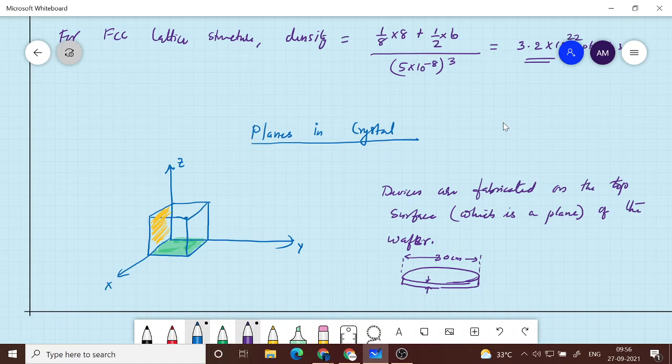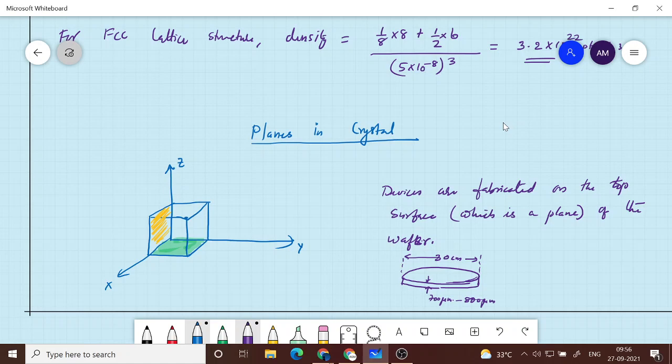It is actually represented in terms of inches. So 30 centimeter is a common size of the wafer, and the thickness is something like 700 to 800 micrometer. So it should have enough thickness in order to have enough mechanical strength. So mechanical strength is also an important property.